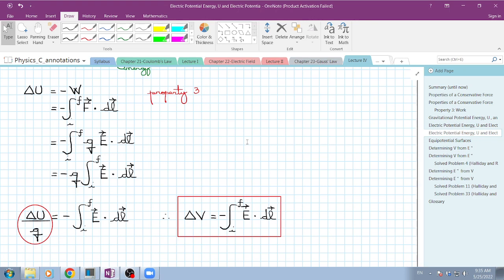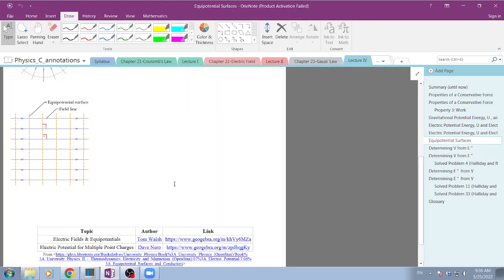Remember, the potential is connected to the space itself, so positions in space. If these positions are at a fixed distance from the charges, they are going to experience the same potential. That means that you can represent this graphically, and this is called equipotential surfaces.